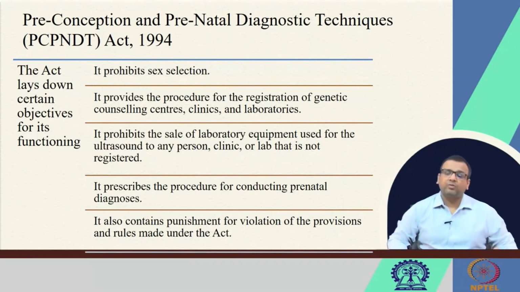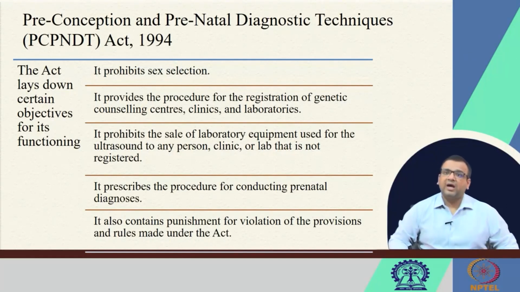First and foremost, to curb the social evil, that is female feticide. So, the first and foremost objective is the prohibition of sex selection. Second, to provide the procedure for the registration of genetic counseling centers, clinics and laboratories. It also prohibits the sale of ultrasound equipment to any person, clinic or lab that is not registered.